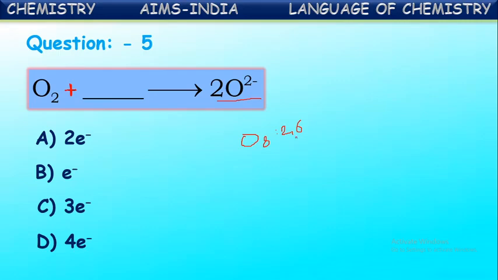So to become stable, it requires 2 more electrons. So each oxygen atom gains 2 electrons. How many oxygen atoms are there in the molecule totally? 2 oxygen atoms. So each oxygen atom gains 2 electrons to form an oxide ion, and the 2 oxygen atoms totally gain 4 electrons. By that, 2 oxide ions are formed.